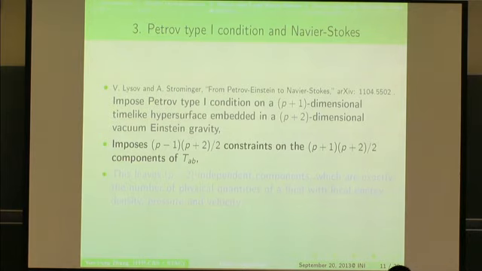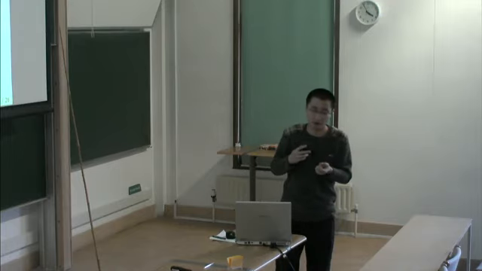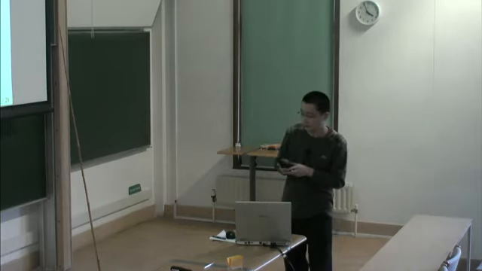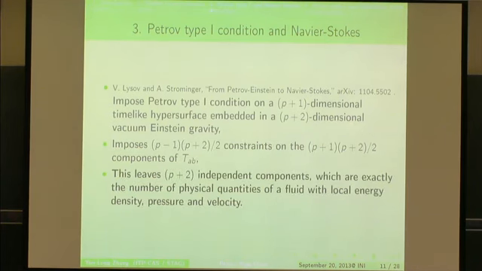For example, if p equals 3, just in 3+1 dimensions, an arbitrary stress tensor has 10 degrees of freedom, and the Petrov condition will impose 5 constraints. So it reduces the total 10 degrees of freedom into only 5 degrees. So the left 5 can be expressed as, for example, the energy density, pressure, and the 3 velocity.